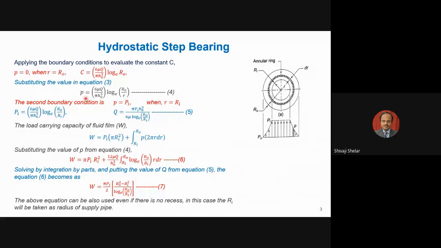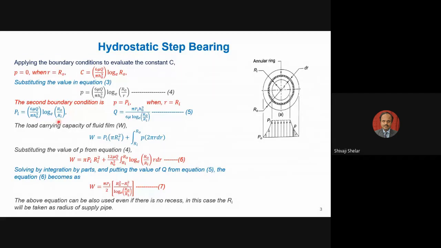Now if I apply the second boundary condition, it tells that P is equal to Pi when r is equal to Ri. At this point, your pressure is equal to the supply pressure, that is the gauge pressure Pi. So you can put this value, and we will have the relation Pi is equal to 6 mu Q upon pi h naught cube into log of Ro upon Ri.